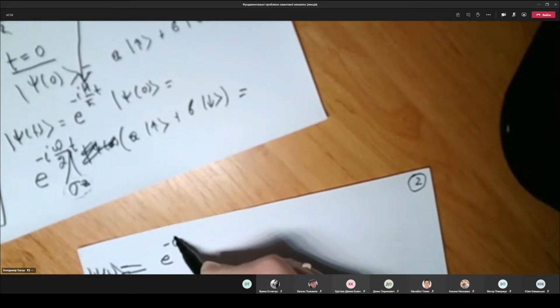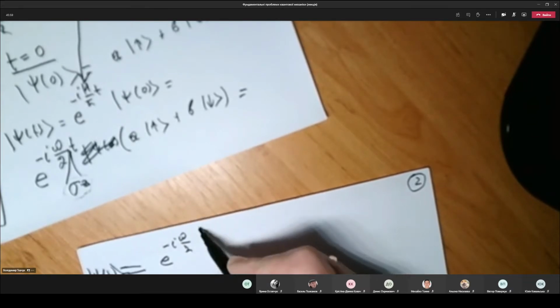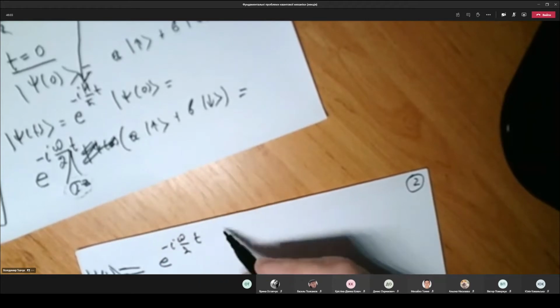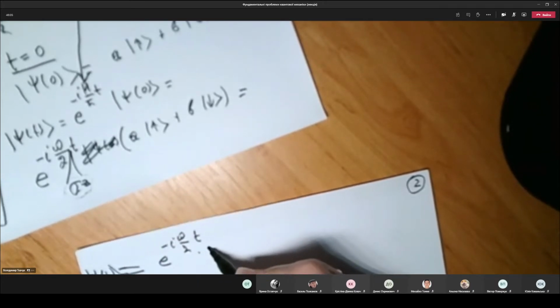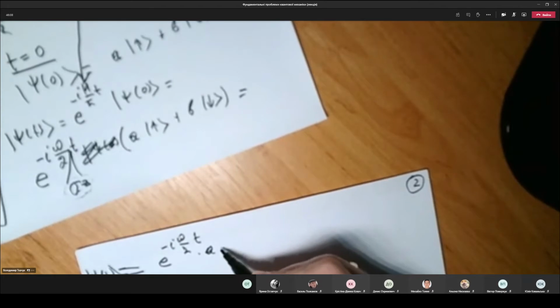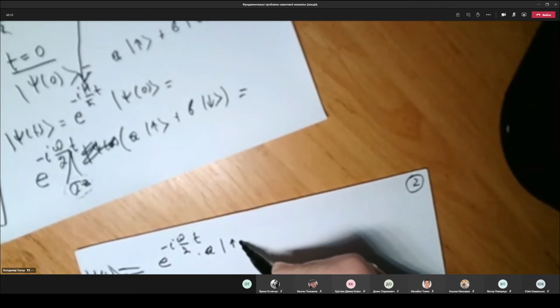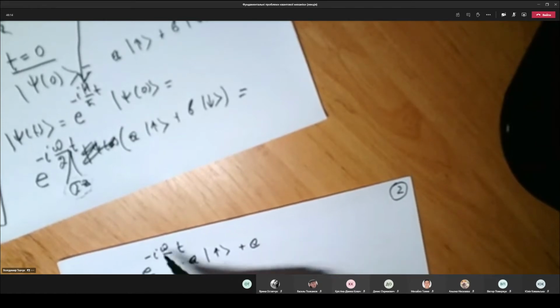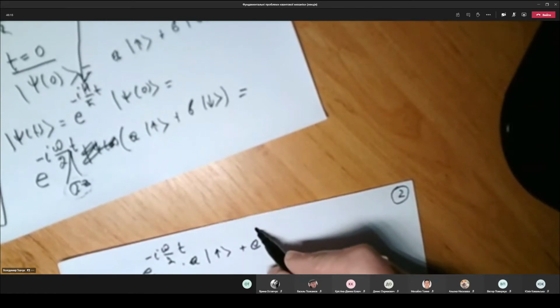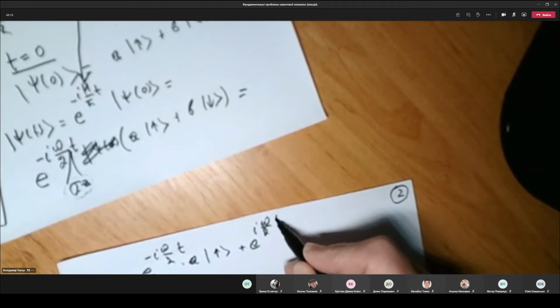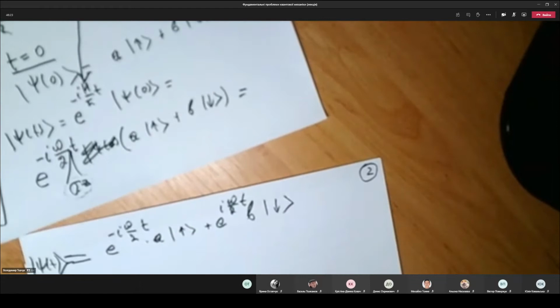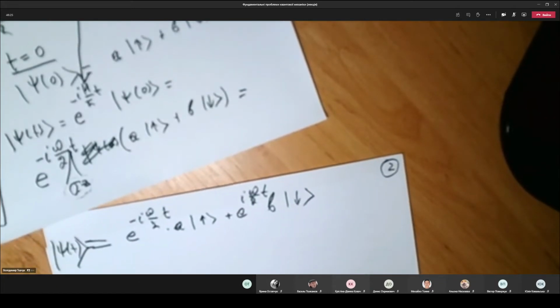It will be e to the power of minus i omega divided by 2 times t for arrow up, we have plus, multiplied by the initial amplitude A of the state arrow up, and plus, here we obtain minus minus, we obtain plus, i omega divided by 2 times t, B arrow down state. So we have a very simple evolution of a quantum state.